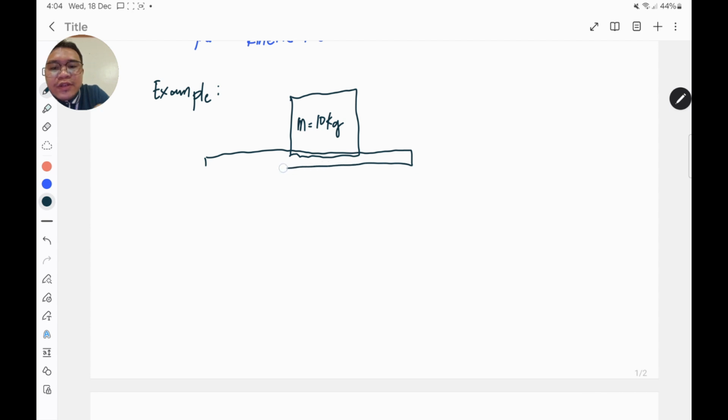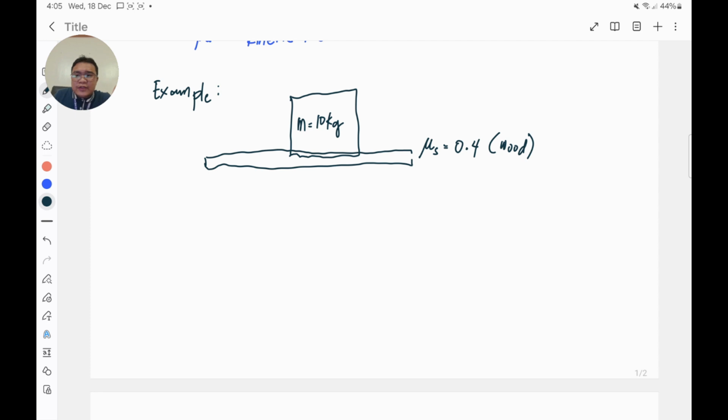But this surface has a coefficient of static friction of around 0.4, and we know that 0.4 is wood, right? So let's just say that I have placed this box on a wooden surface with a coefficient of static friction of around 0.4. Okay, now let's calculate the static friction on this box here.